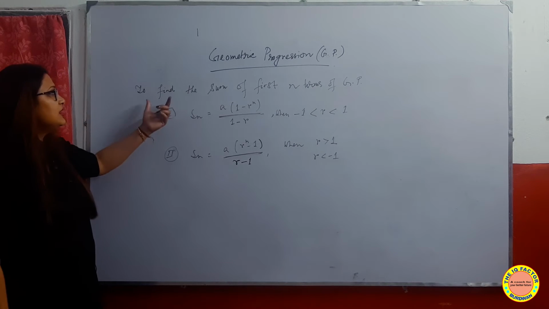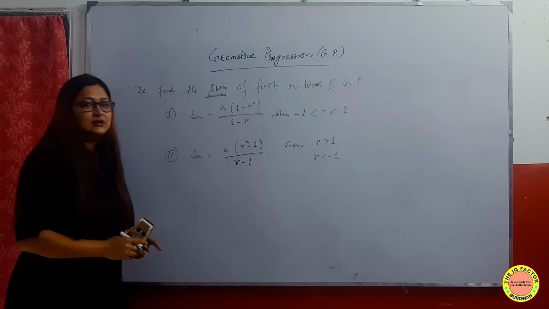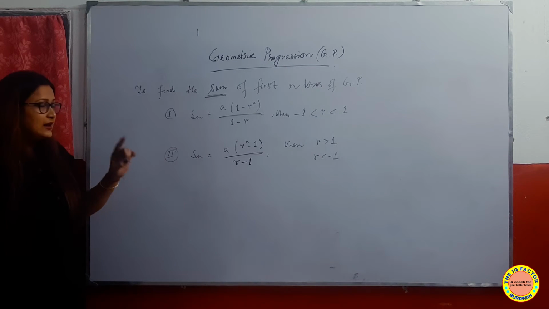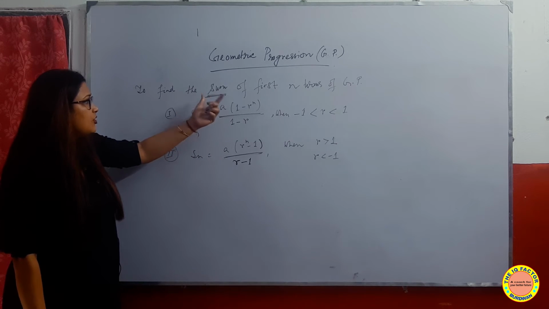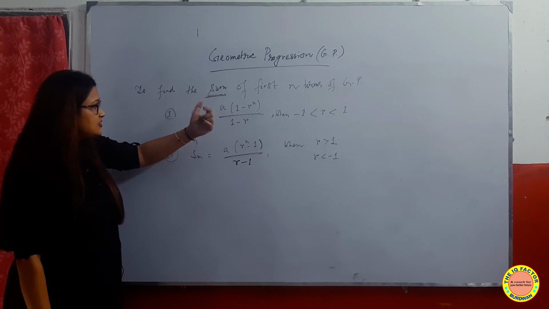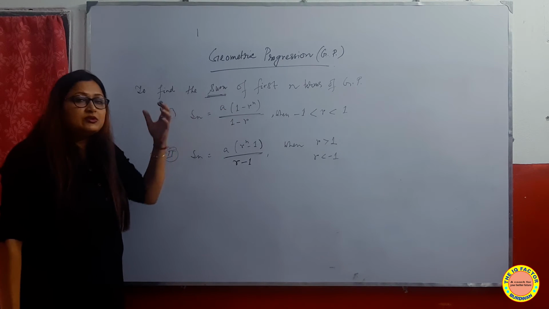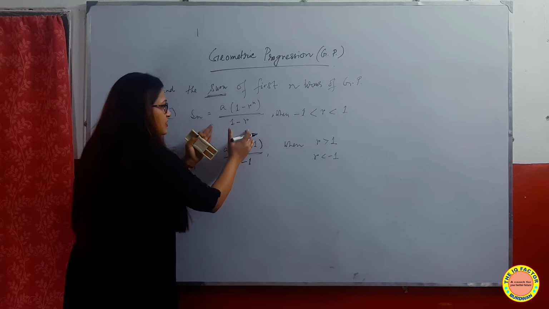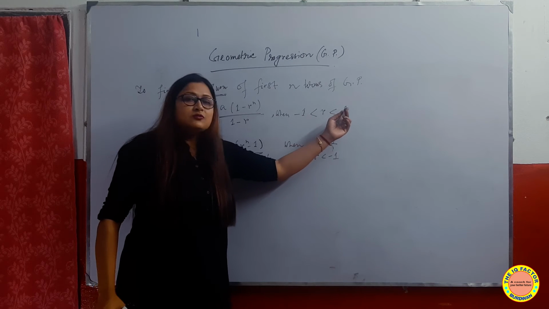Now we are to find out the sum of first n terms of the GP. Here two formulas are there depending on the value of r. Sn, the sum of first n terms of the GP, is a into 1 minus r to the power n by 1 minus r, when r lies between minus 1 to 1. Here a is the first term and r is the common ratio.